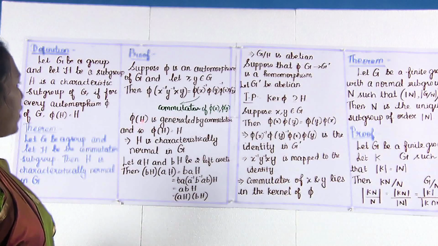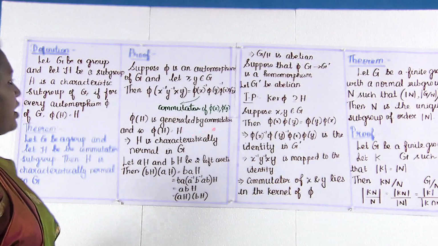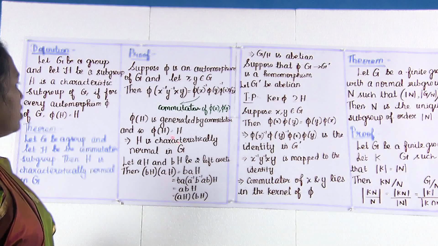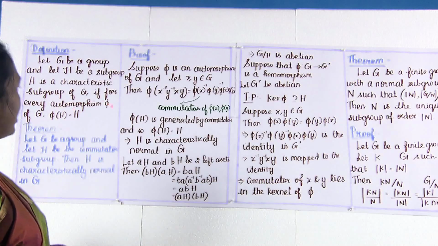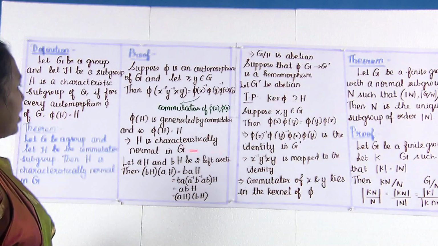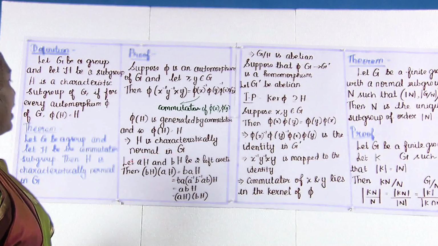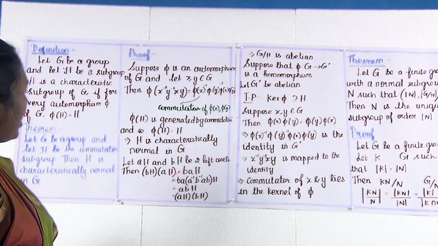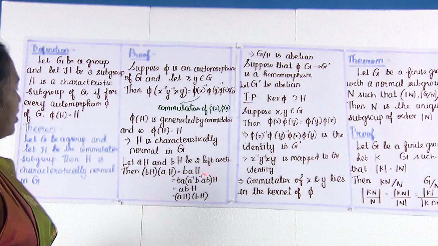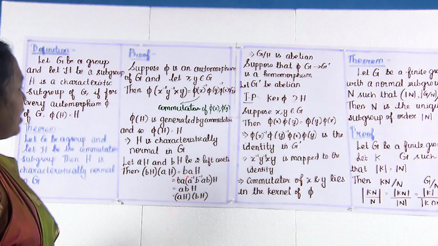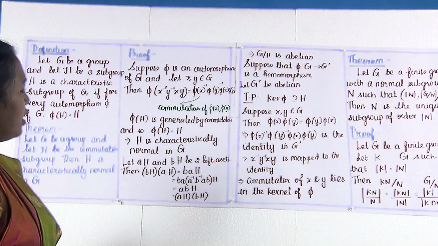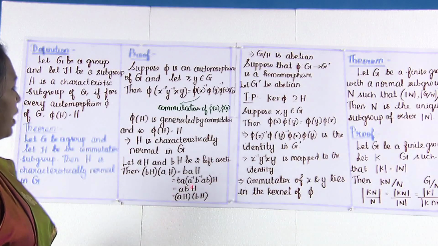Therefore, phi of H is generated by commutators, and so phi of H is equal to H. So, from this definition we can say that H is characteristically normal in G. Let aH and bH be two left cosets, then bH aH is equal to baH when you are doing the product, and therefore, ba, this element is actually the commutator element, therefore, a inverse b inverse ab times H is equal to abH.